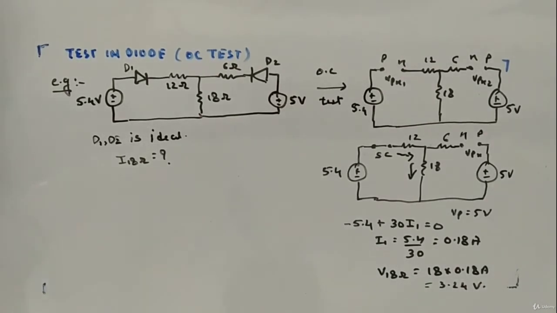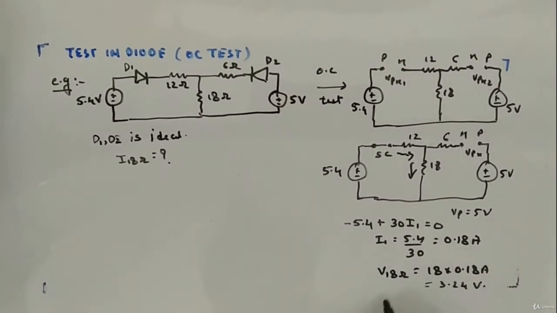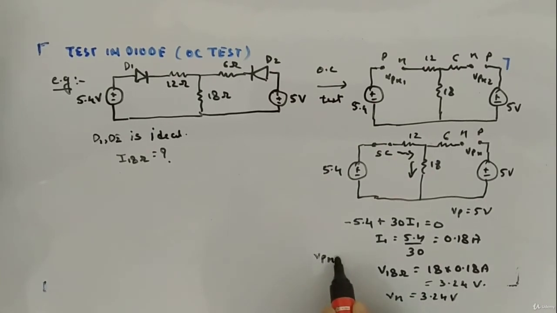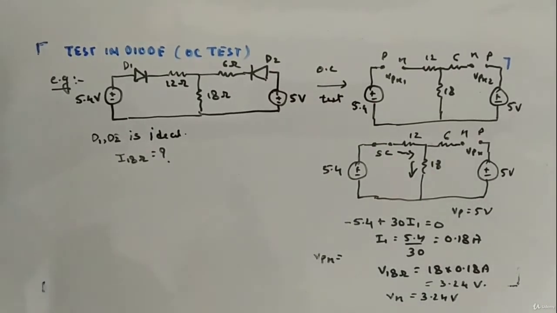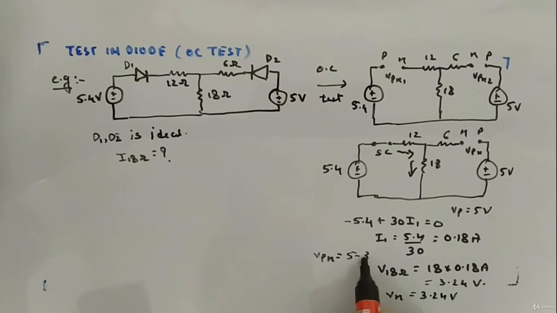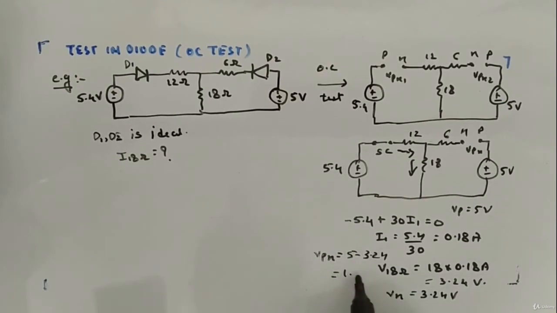So this will be our VN, 3.24 volt, and VP is 5 volt. VPN will be 5 minus 3.24, that is 1.76 volt, which is greater than 0.